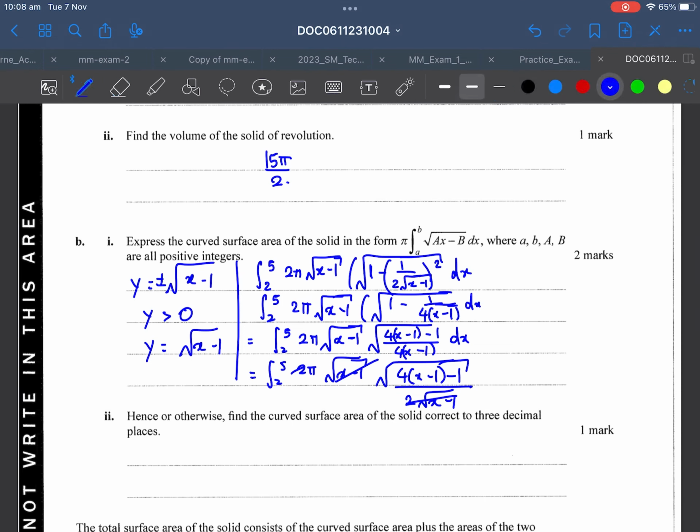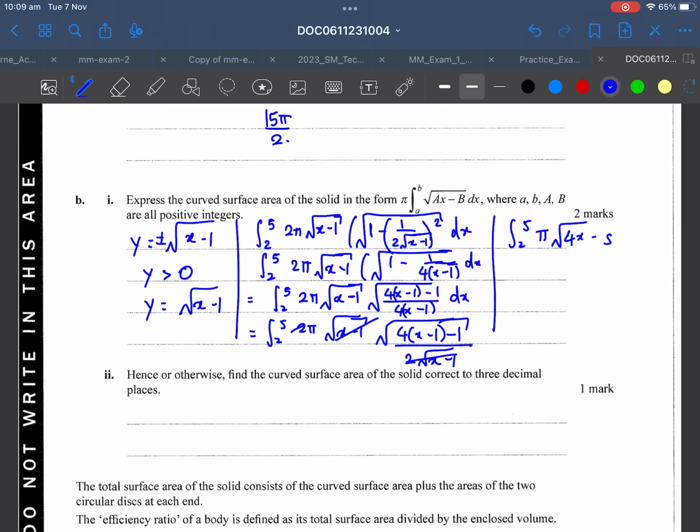Leaving us with the integral from 2 to 5 of π times the square root of 4x minus 5. Oh, hold on. Wait, this is meant to be plus. Okay, plus, plus, plus.